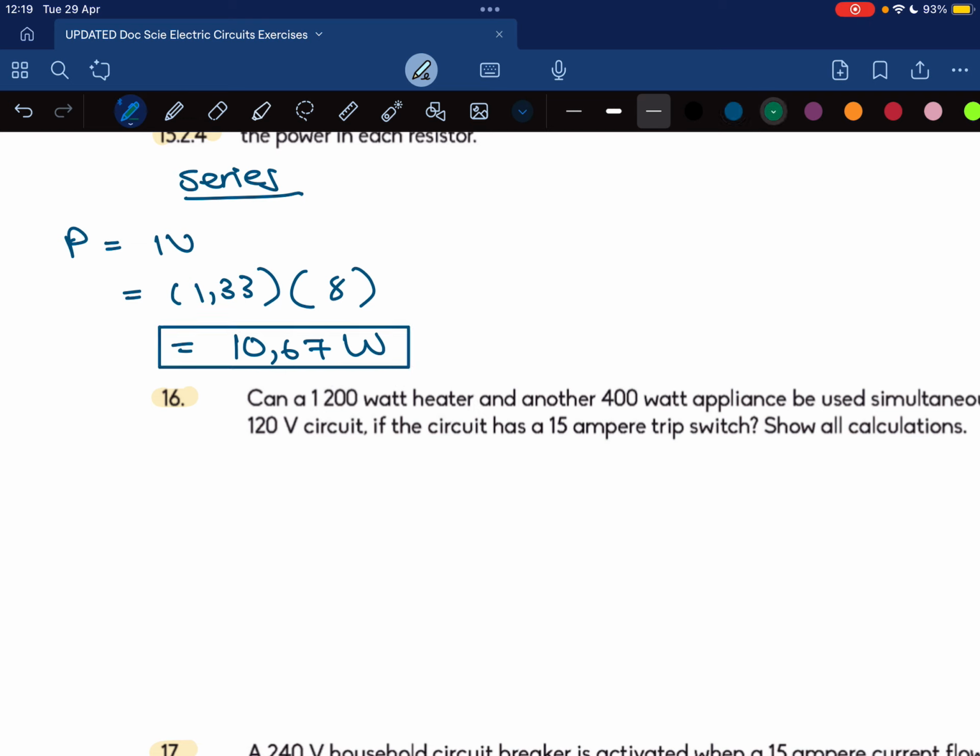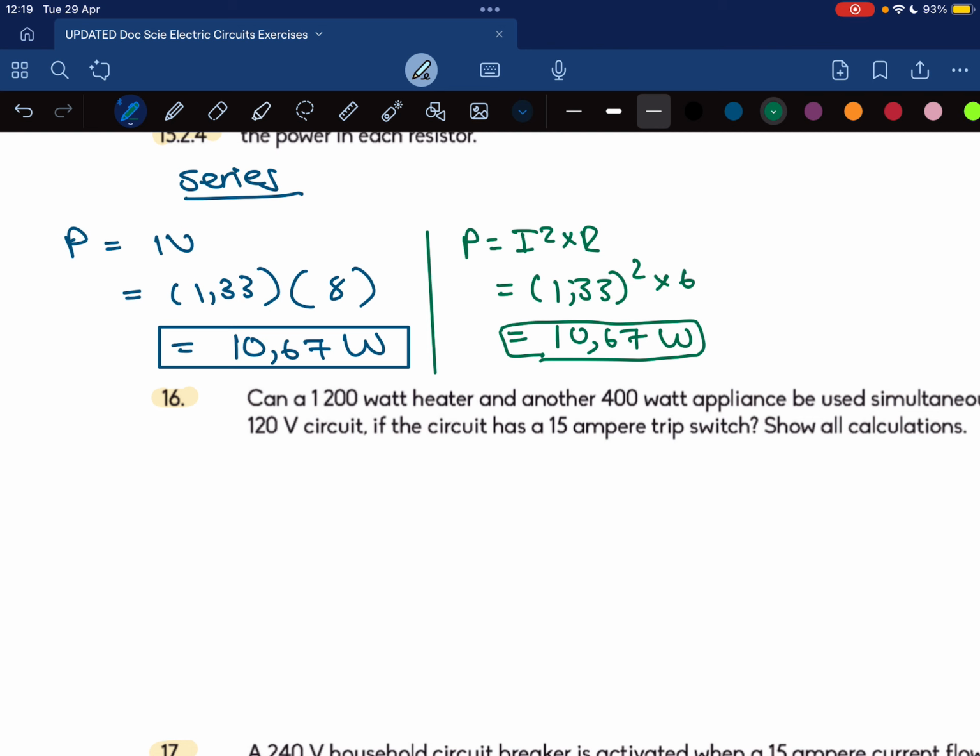The second method is that the power is equal to I squared times R, which is 1.33 squared times 6, which is 10.67 watts. That's just an alternative method that you could have used.